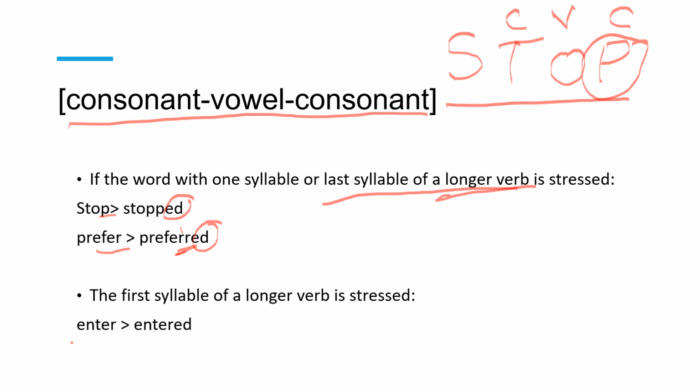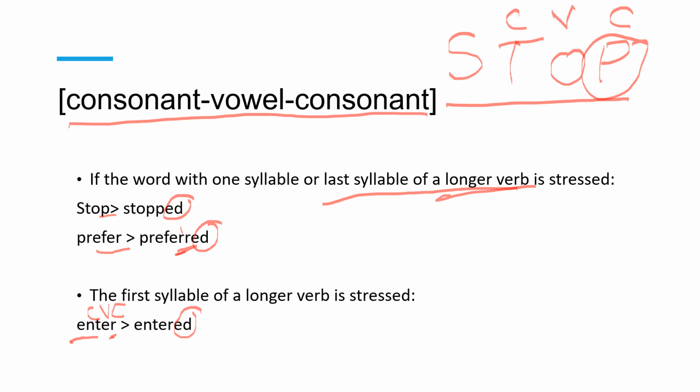As you can see, in enter, the stress is on the first syllable, but it's ending with consonant, vowel, and consonant. We will not double the final consonant, but we will simply add ed to make the simple past form of the base verb enter. So it will be enter and entered by just adding ed.